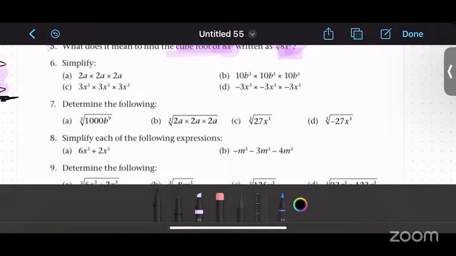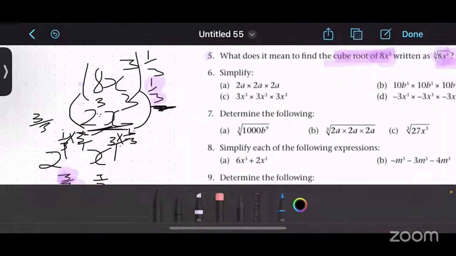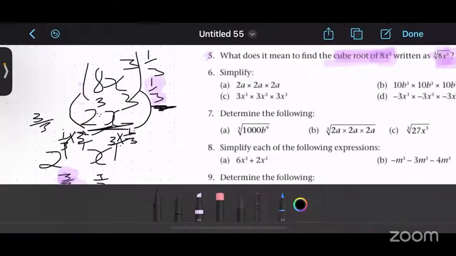Okay, Manahil. Ma'am, is it 8 that we're solving? Sorry, I cannot hear you properly. I'm trying to charge my device here. Is it 8 that we are solving?